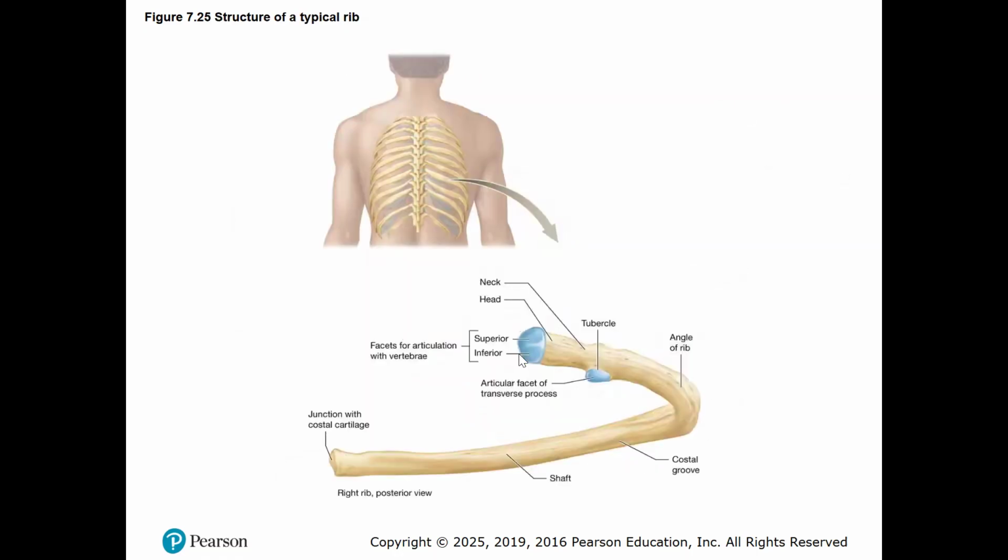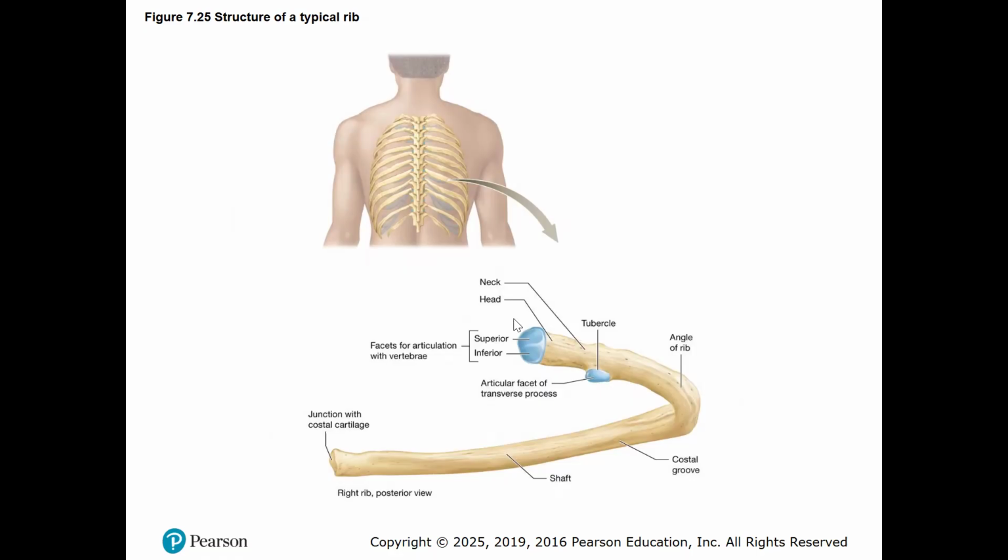When we look at what an individual costal looks like, you see here you have the back side. And how do we know that this is the back side of a costal? Because we see the facets where they're going to articulate with the vertebrae.